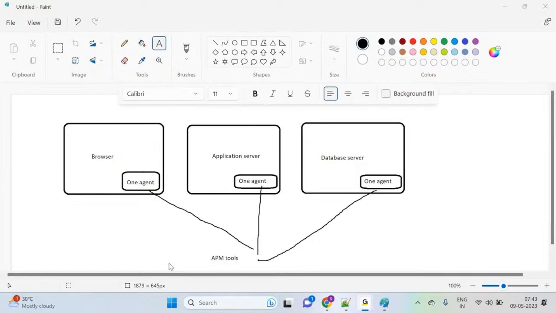Now the importance of APM tool level monitoring is becoming very famous. Instead of talking about how to do performance testing in cloud infrastructure, which is equally important, the importance of learning this APM tool is becoming very high.